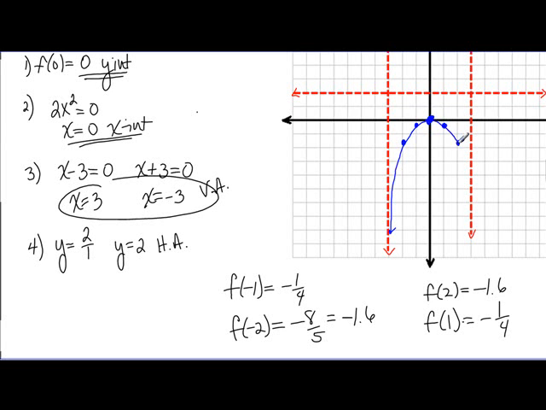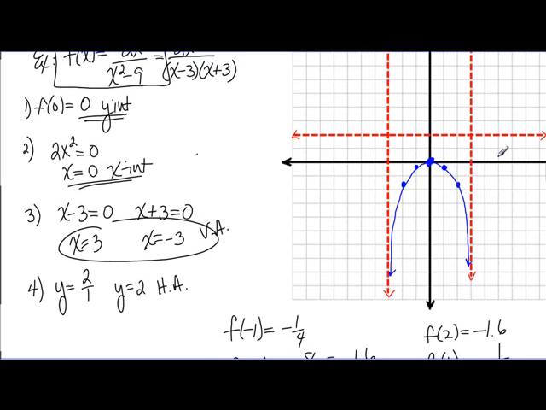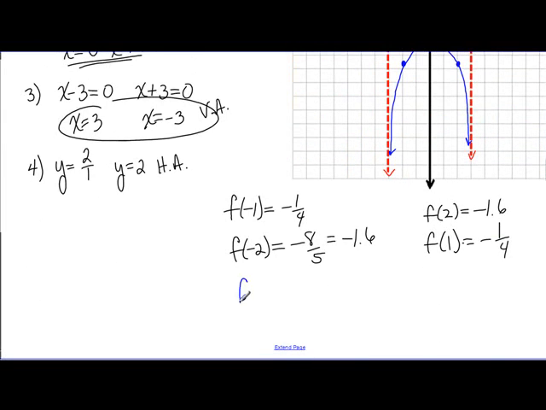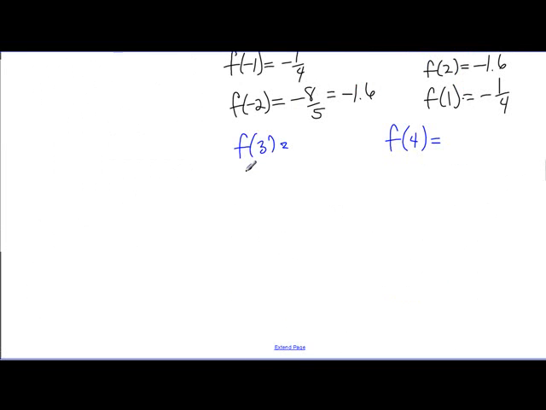Now, to know what else is going on, I need to find some values of x that are bigger than 3 and some values of x that are less than negative 3. So I'm going to look at evaluating f of 4, and then I'll do the same thing for f of negative 4 and see what we get.